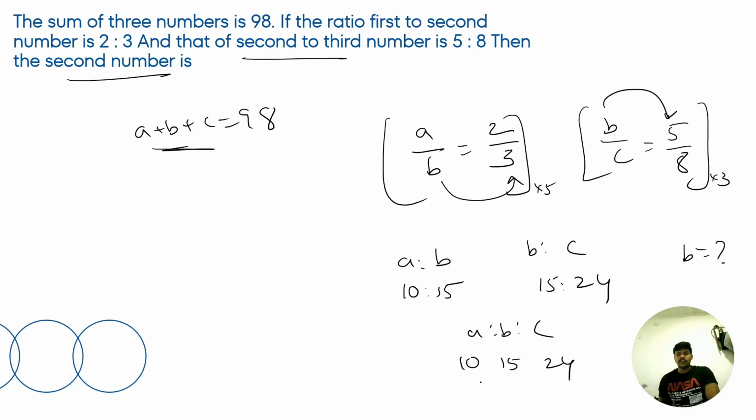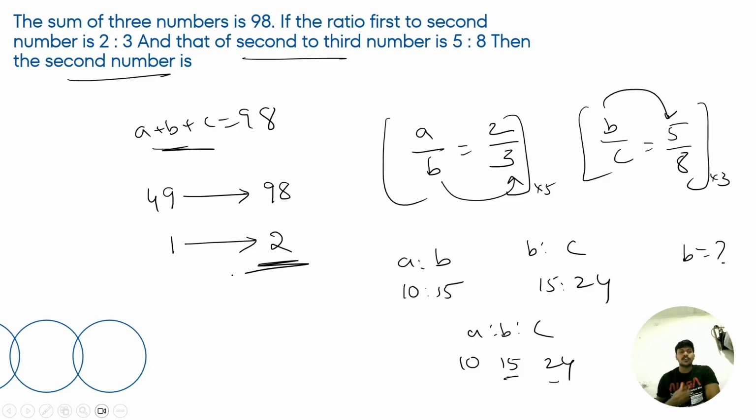So 15 plus 24, 39 plus 10, 49. So my problem 49 sum is equal to original problem 98. If you want, take 49x and find out x value. I am taking 49 units. So my problem 49 units equal to original problem 98. That means my problem 1 unit is equal to original problem 2.